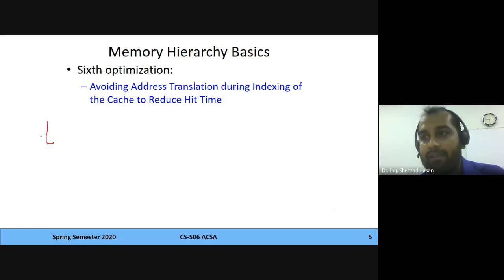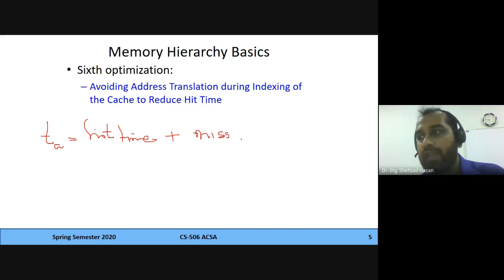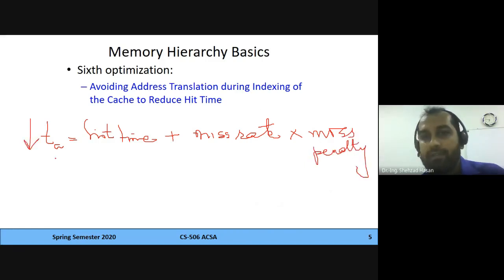So our average access time is actually the hit time plus the memory miss rate into miss penalty. So reducing any of these three can result in saving of useful time, and then you can have a less average access time.